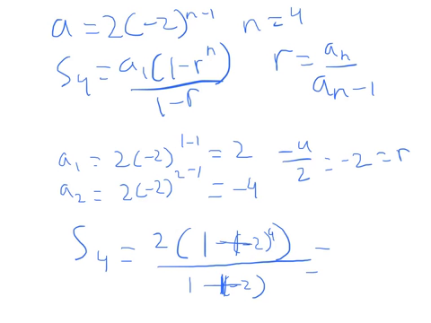So 2 to the power of 4 is 16, plus 1 is 17, times 2 is 34, divided by 3 because of the bottom, equals 11.3. So the answer would be 11.3.